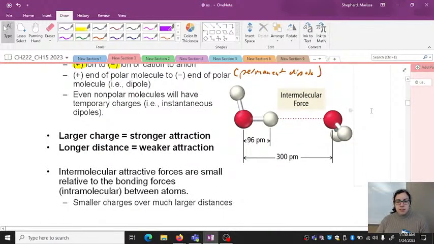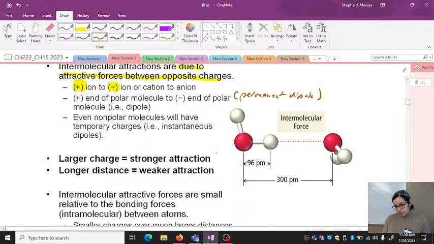Such as in the case of water. Again, this is just a preview. We have oxygen and hydrogen here. Oxygen is very electronegative, so it's going to strip off electron density from the hydrogen, and hydrogen only brought one electron to the party anyway, so this would be a partial positive area.